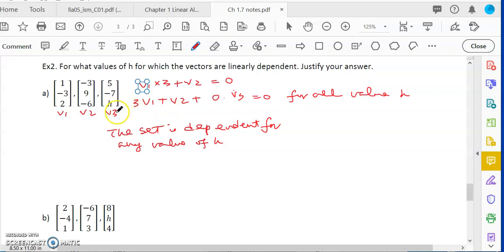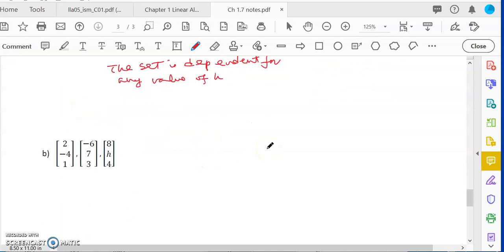You can also do row reduced echelon form to discuss it. Okay, let's do the second one. Do we see multiples of each other? If not, then we would just do the row operation. Row 1 times 2 plus row 2, put it back into row 2.